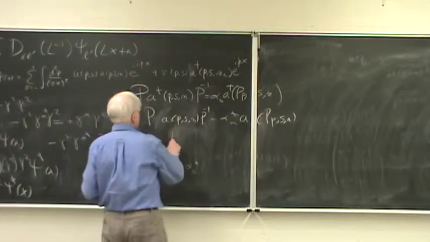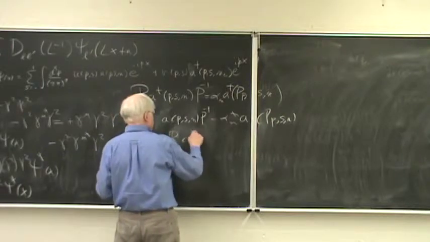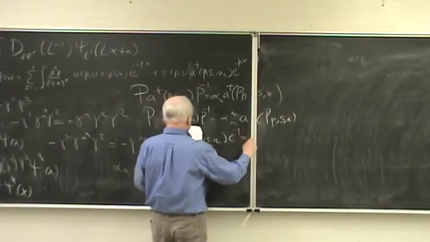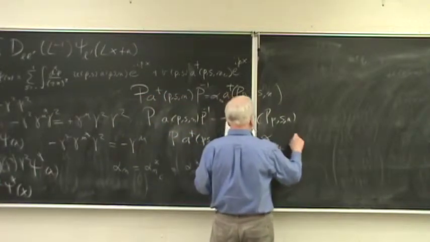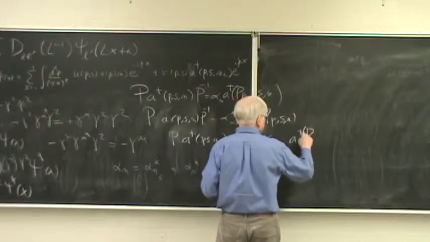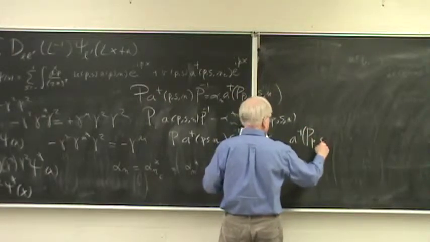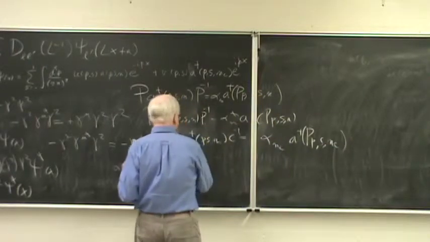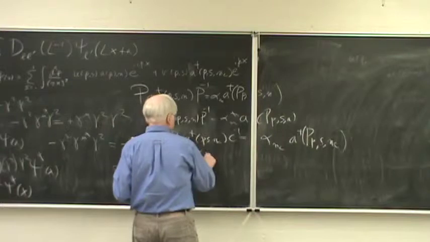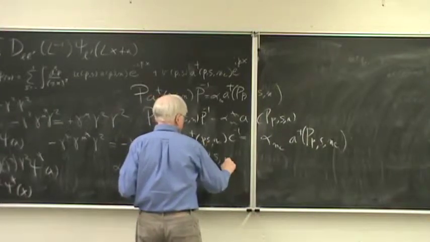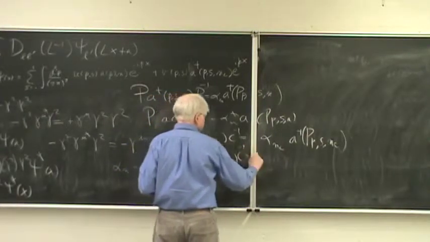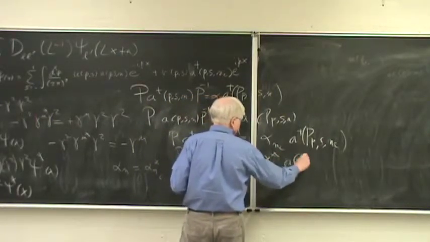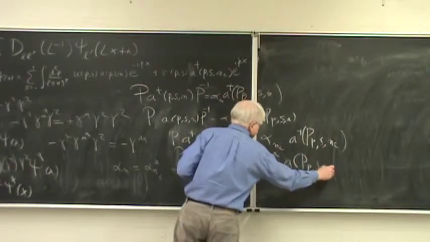Now if we have the conjugate field, we would have P A dagger of p, s, n^c P inverse equal to alpha n^c A dagger of the reflected momentum, s, n^c, and P A of p, s, n^c P inverse is alpha n^c star A of the reflected momentum, s, n^c.